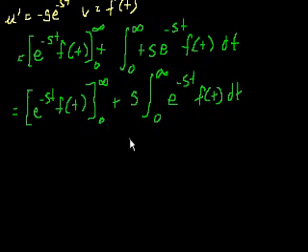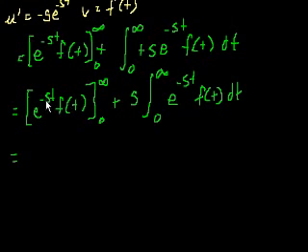So this is equal to, let's evaluate this part. As we approach infinity, e to the minus infinity approaches 0. F of infinity, now this is an interesting question. I don't know, that could be large, that could be small, that could approach some value, right?